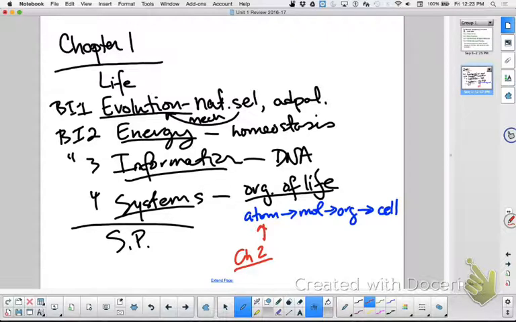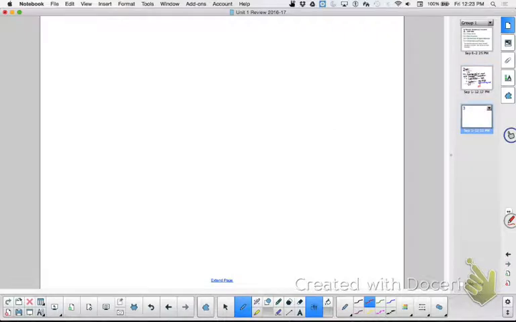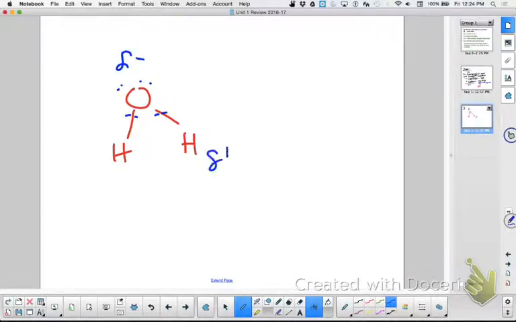And when we talked about that, what was the significance of water, right? Because when you see that bond, you have oxygen with 2 hydrogens, but who has a stronger pull on the electrons? Yeah, the oxygen does. So as a result, the oxygen becomes partially negative, and the hydrogen becomes partially what? Positive.